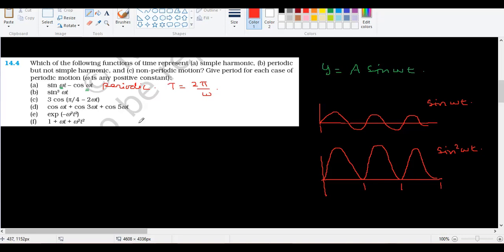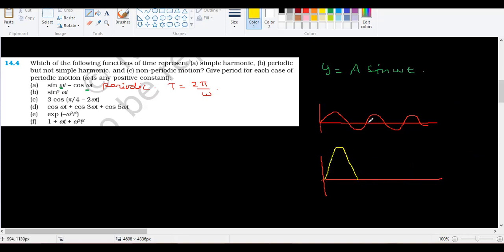So the same thing is applicable for sine cube. So when you multiply this with sine, right? So this into this, you will get some sine, and then this will be minus into plus. Okay, so I think I made a mistake here. Sine square omega t should be looking like this.